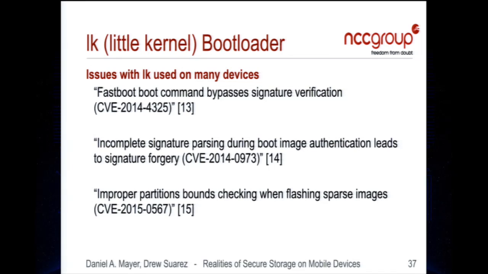And the last one is relatively new: when you flash images, usually with fastboot, system images are sparse bundle images. They didn't really check where the end of the sparse bundle was for system. So if you crafted something sneaky, you could overwrite the boundary of the system partition and potentially overwrite other parts of the device using this.